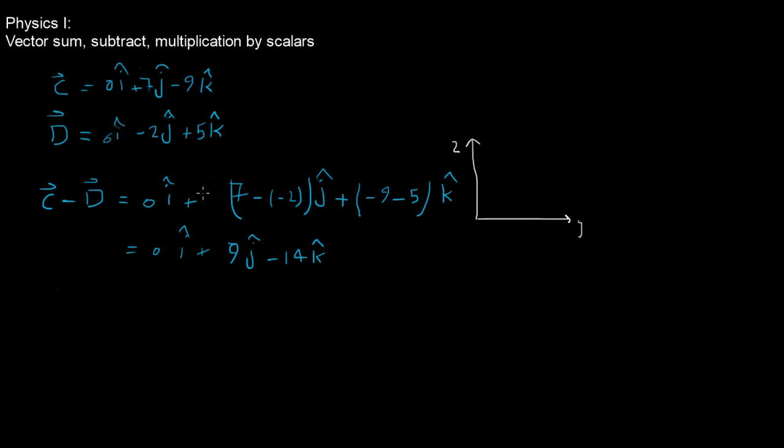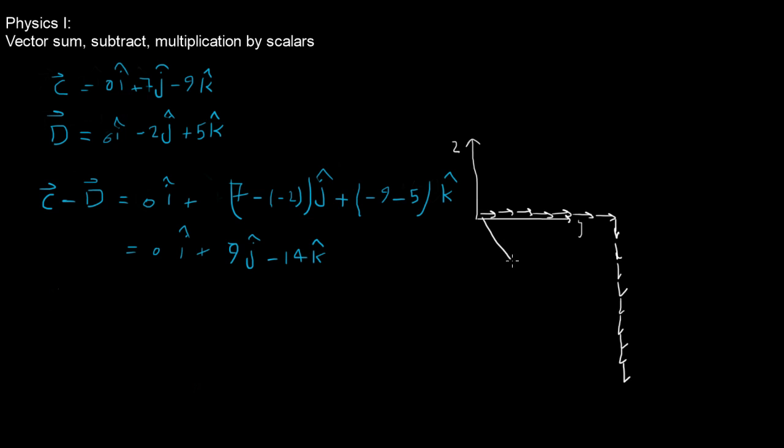And now I have C, which is 7j hat. So 1j hat, 2, 3, 4, 5, 6, 7, and minus 9. 1, 2, 3, 4, 5, 6, 7, 8, 9.